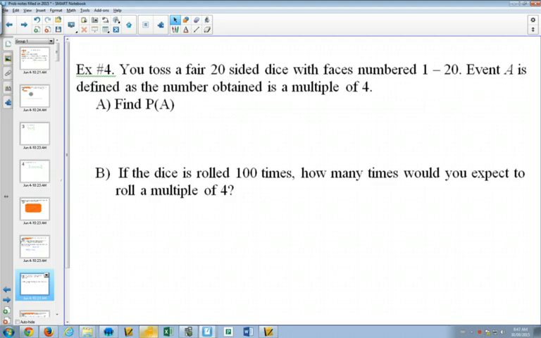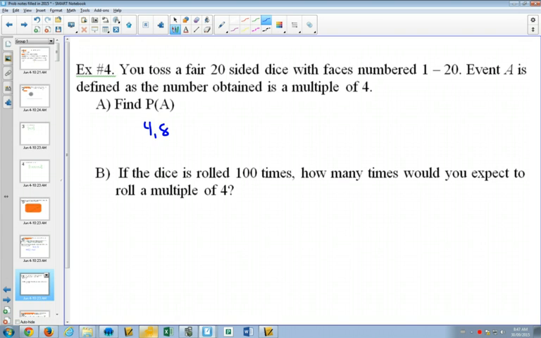20-sided dice, numbers 1 to 20. Has anyone ever seen a 20-sided dice? Event A is defined as the number obtained is a multiple of 4. What is the probability of A? How many multiples of 4 are there?